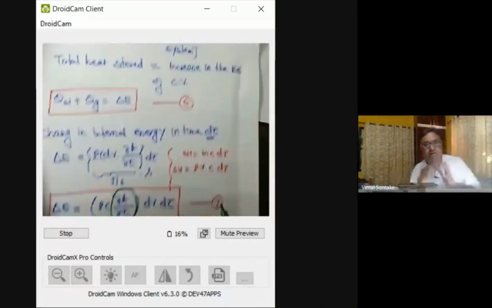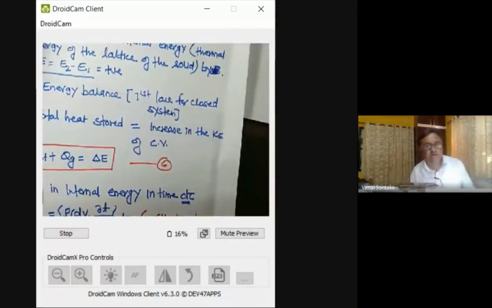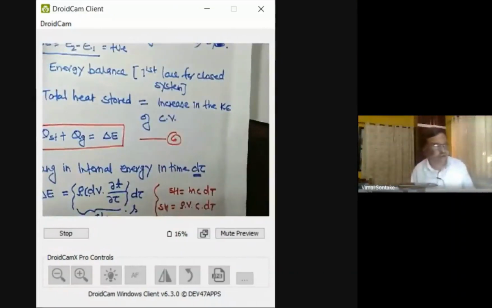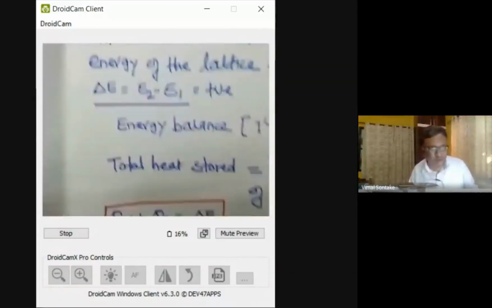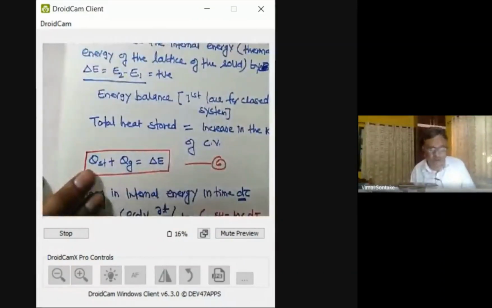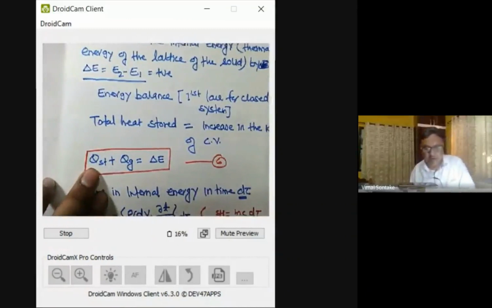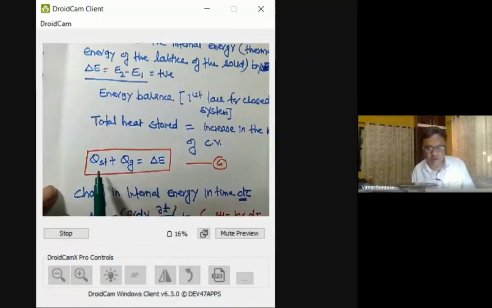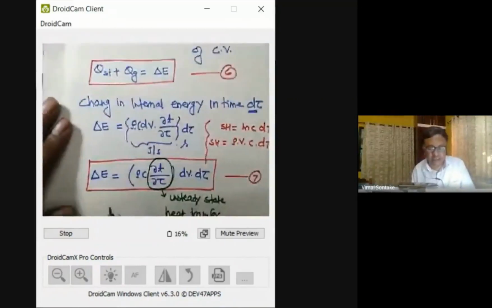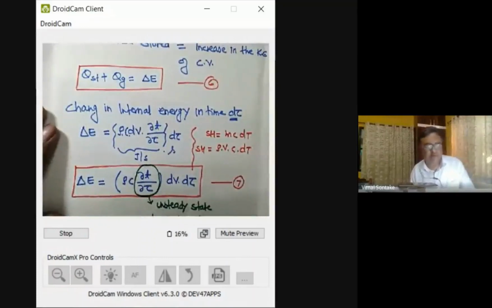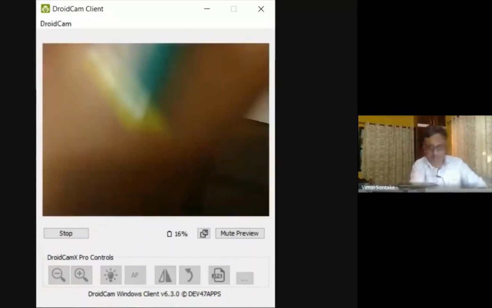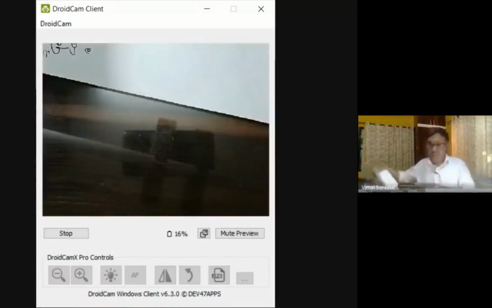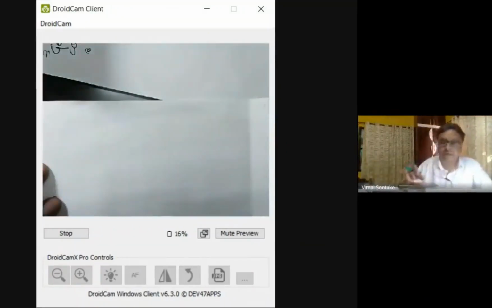Now let us write down all these equations in combined form.